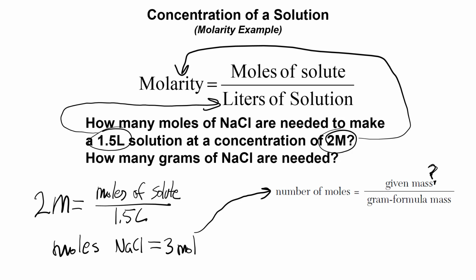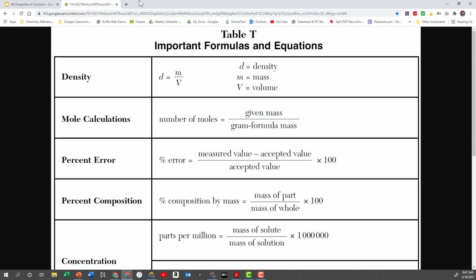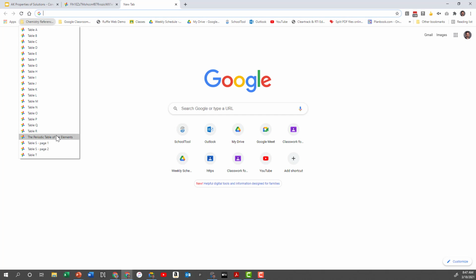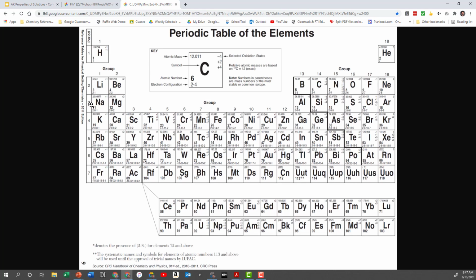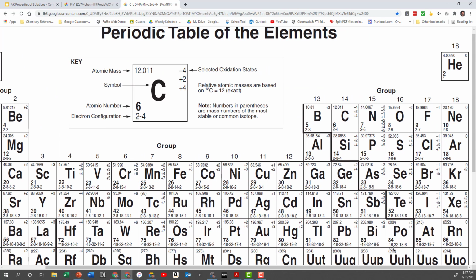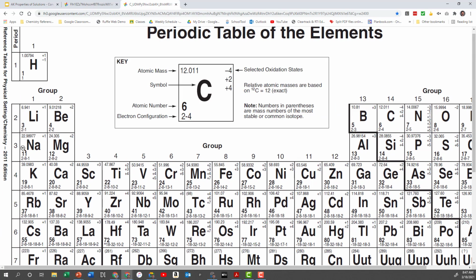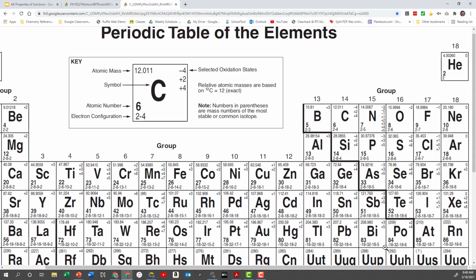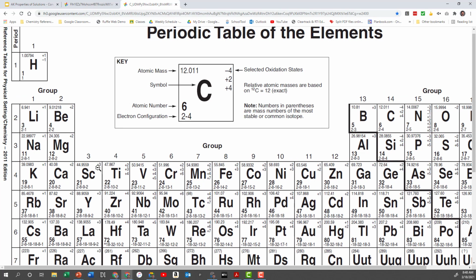Well, if you recall, we use the reference tables. We use the periodic table, and we add up the mass of the Na and the mass of the Cl. So we're going to take 23 for Na and 35.5 for the Cl.